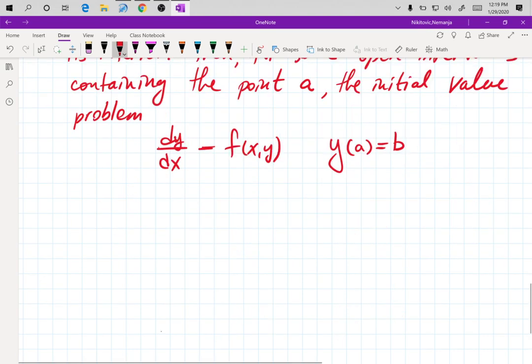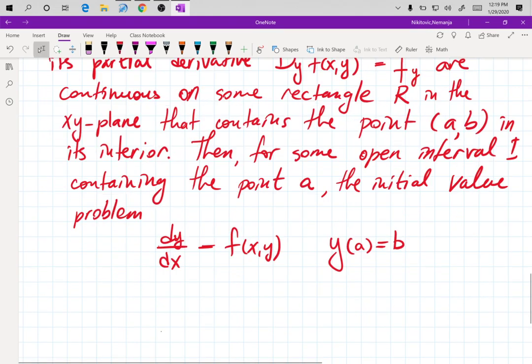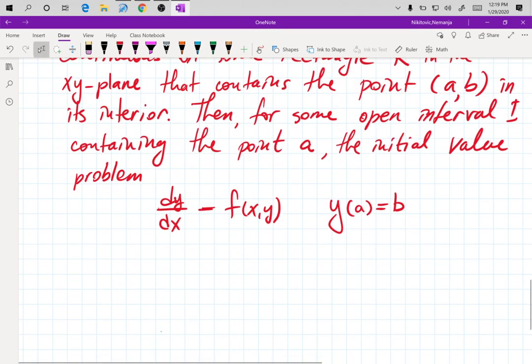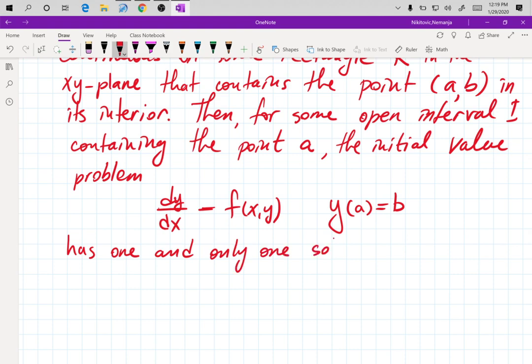That's your point (a, b). Easy. Has one and only one solution that is defined on the interval I.